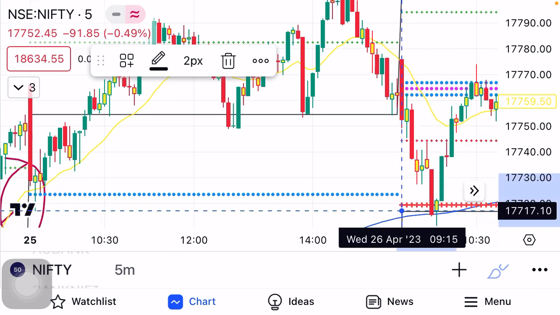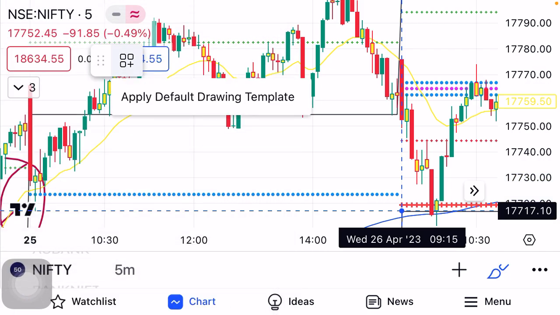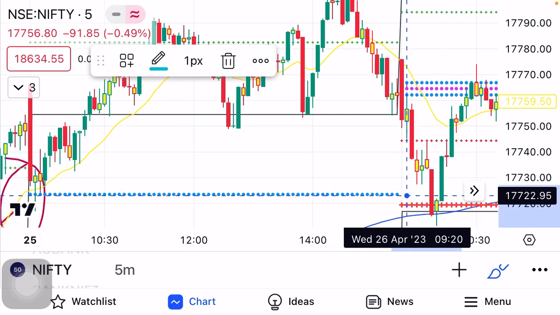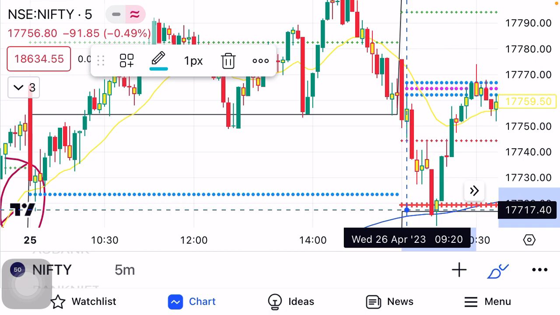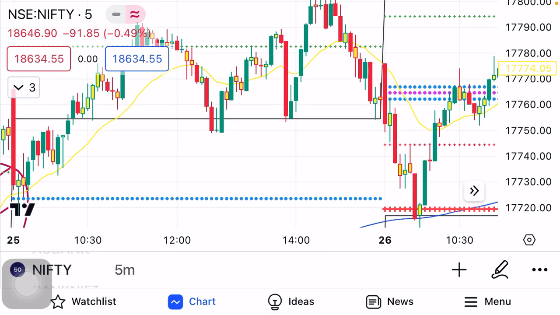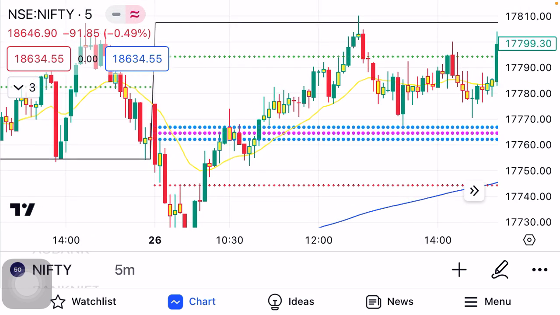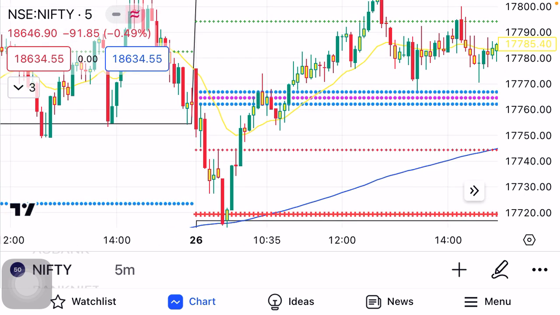You can take an entry at this point. This is a multi confirmation trade, and your target will just be up to the CPR, and it was a good reach, right?